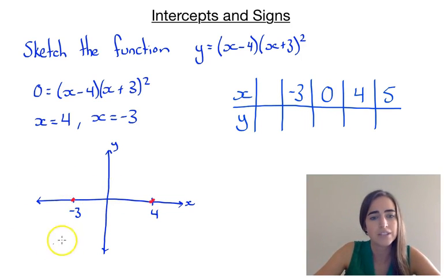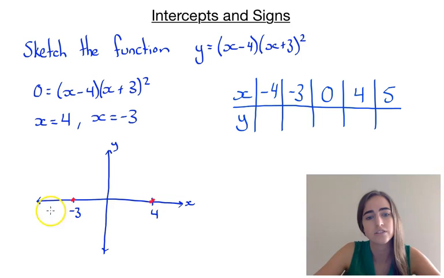And then we need to pick a point down this side of minus 3. So let's pick minus 4. We're trying to figure out whether this function is going to be positive or negative in each of those regions. At these points it's going to be exactly equal to 0. But we want to know whether it's going to be positive over here or negative, and same thing in between them and over this side as well.